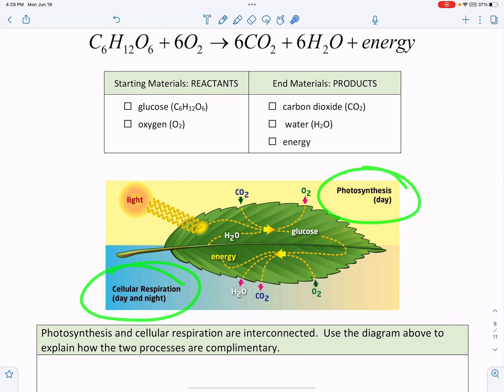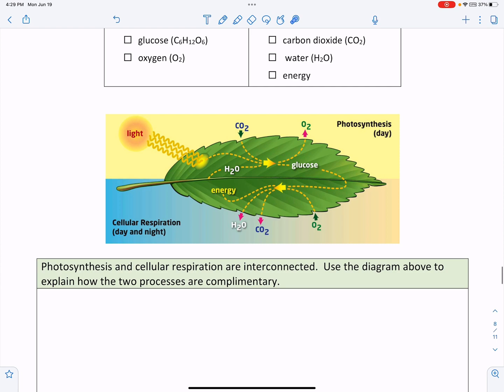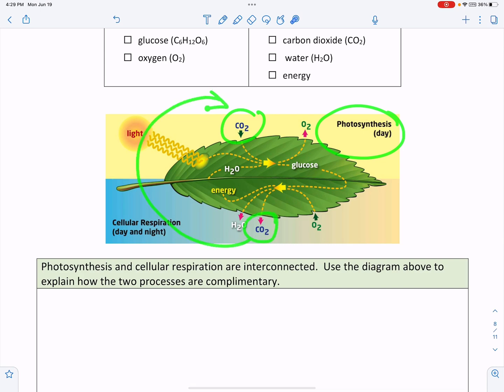Photosynthesis and cellular respiration are interconnected, and we can look at this diagram to show how they are interconnected. Photosynthesis uses carbon dioxide. Cellular respiration releases carbon dioxide. So this carbon dioxide forms an interconnection.